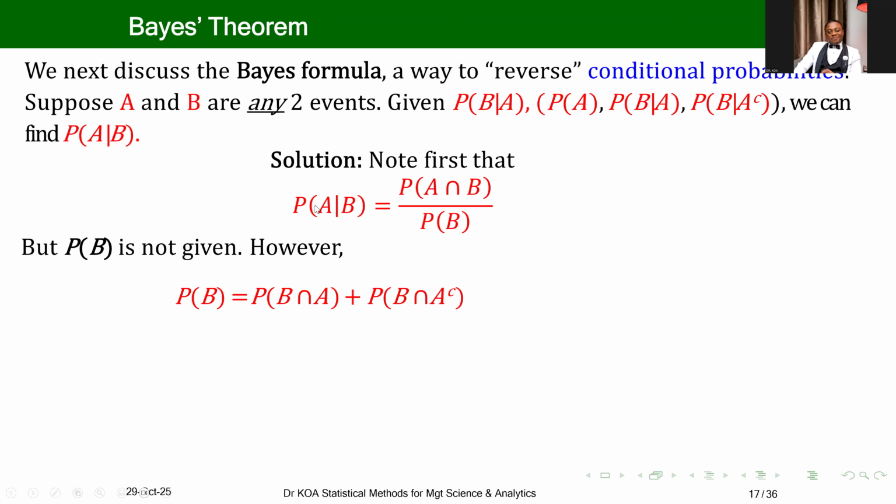If you look at probability of A, it has been given because the probability of A given B is given. But if you look at probability of B, it's not given. We are not told probability of B given what? So it means that we need to be able to find the probability of B given something. We know that the probability of B is actually the probability of the intersection of B and A, and that of B intersection A complement.